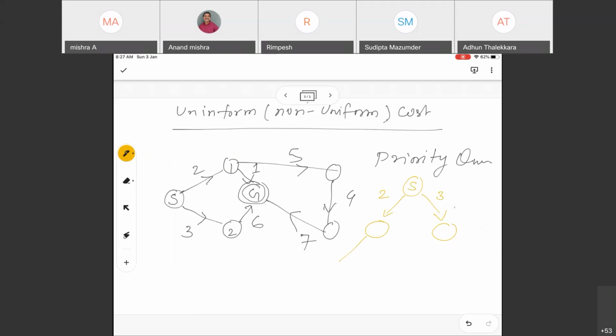I can either go by cost 1 and reach the goal, or I can go by cost 5 and reach this node, let's say 4. And similarly at 3, I reach 1 here, and I have only one option here, 6, and this will also reach me to 4. So if you expand like this, you will get a tree.